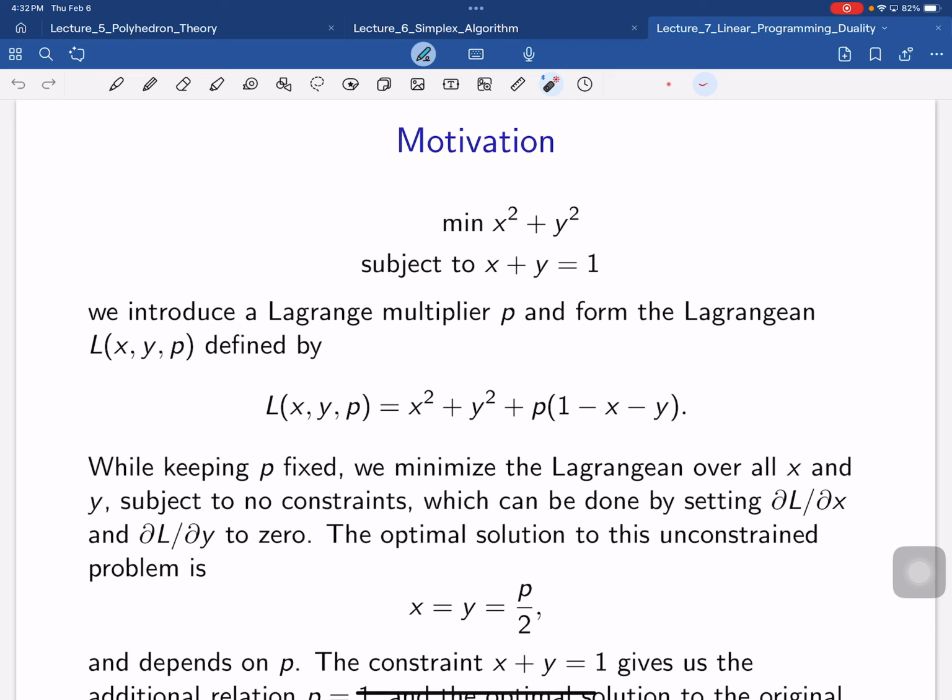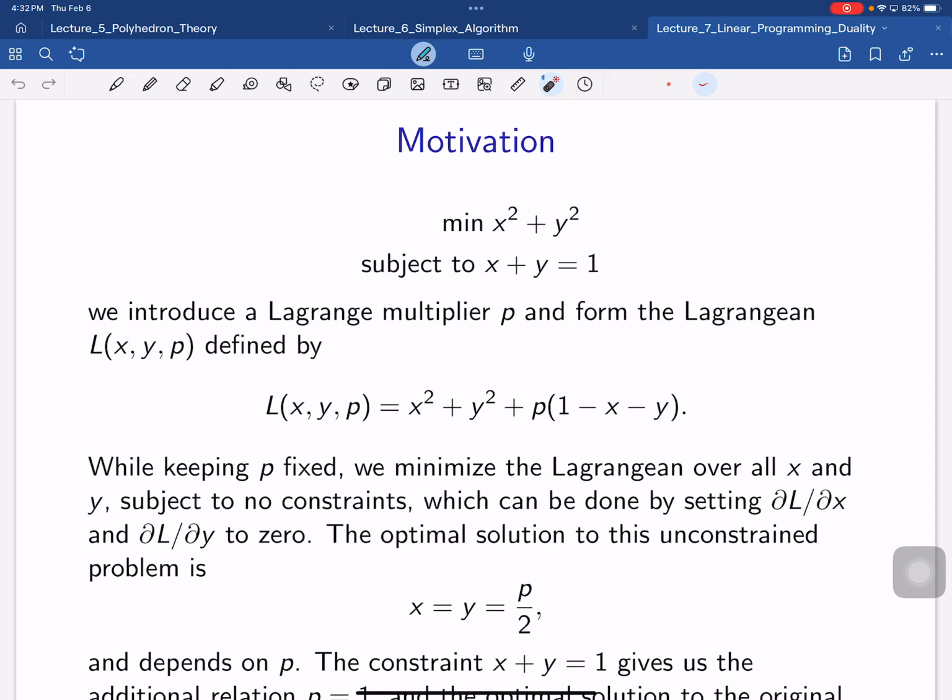I gave you a quadratic problem, where the objective is minimizing x squared plus y squared subject to a single linear constraint, x plus y equals 1.